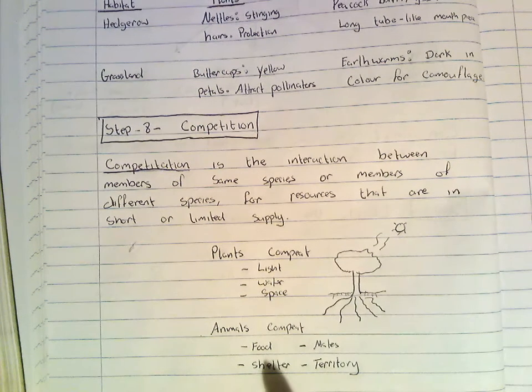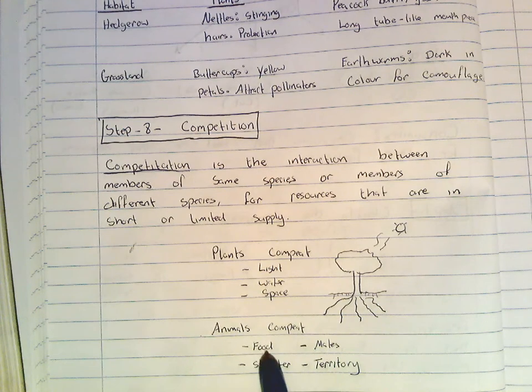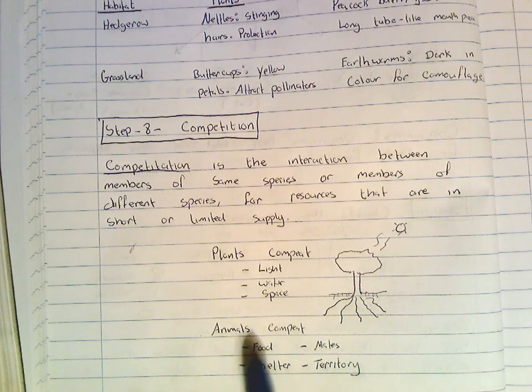There'll be limited amounts. Within a particular habitat, there are going to be limited supplies of food, shelter, mates, and general territory. So animals are going to compete with each other for those limited resources.